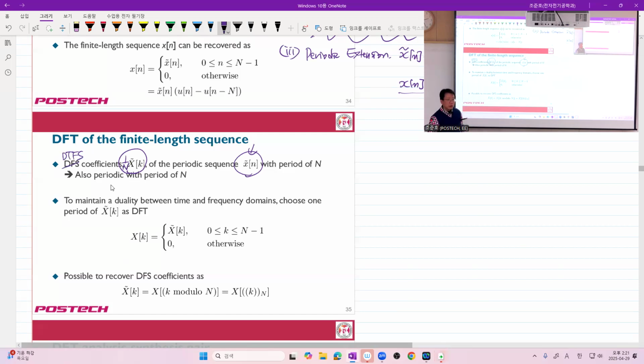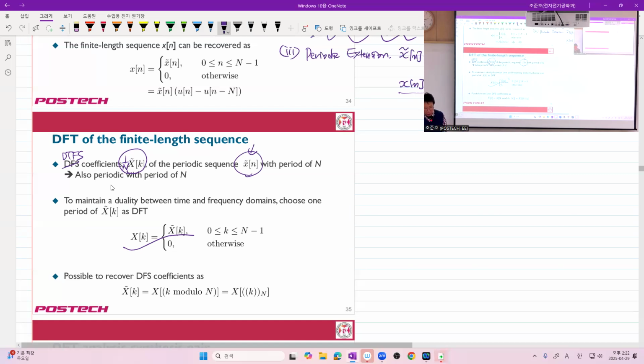So the discrete time Fourier series coefficient is 1 over capital N, x tilde k, actually X k, but anyway, the notation is really confusing. Yeah, so basically they are the same.